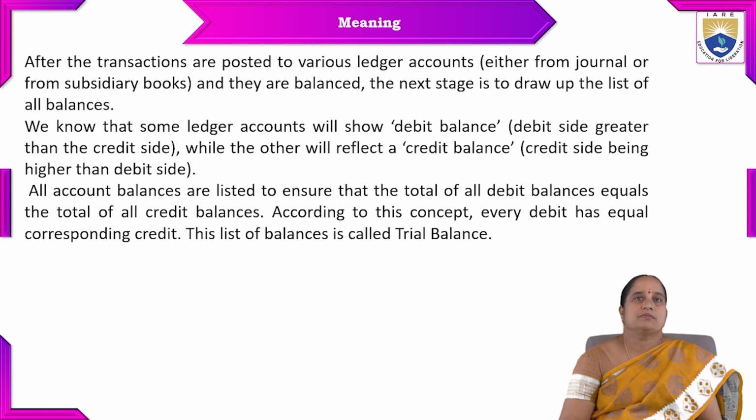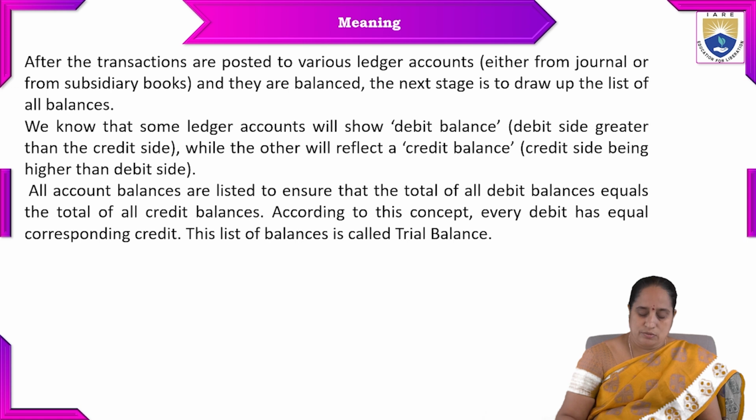All balances are listed to ensure that the total of all debit balances is equal to the total of all credit balances, because every debit has an equal corresponding credit. This list of balances is known as the trial balance, where we tally whether the debit balances equal the credit balances or not.